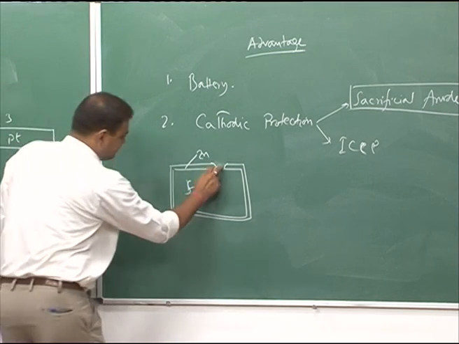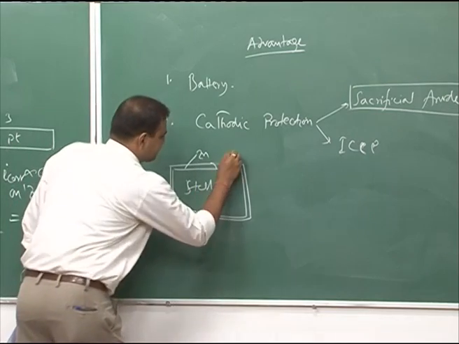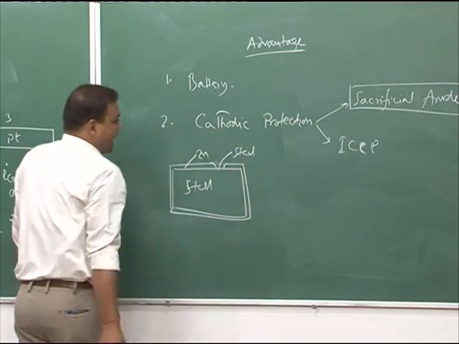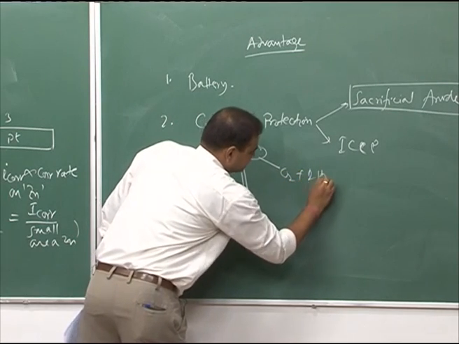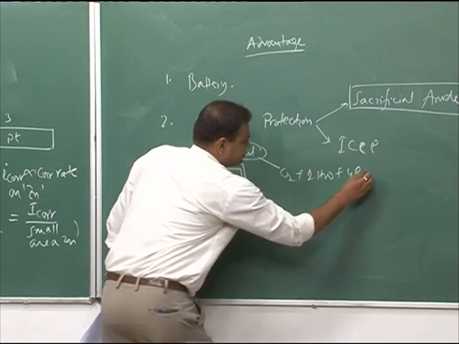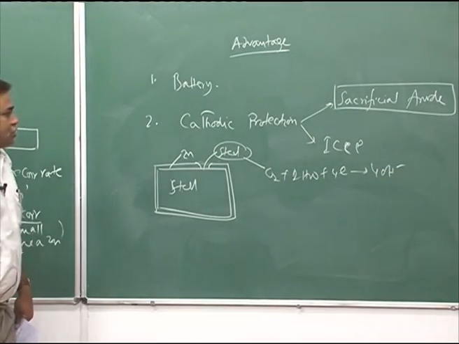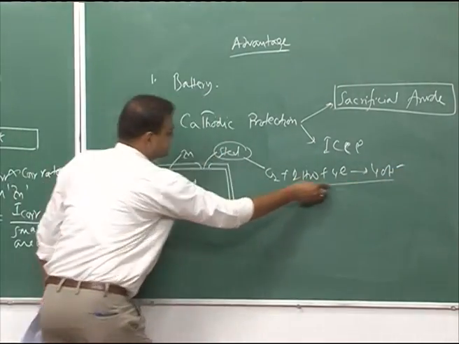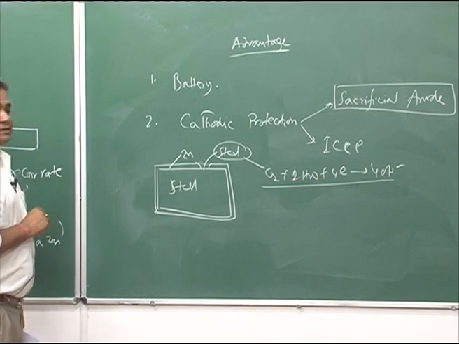If it is entirely covered, no problem, we have a much better way of protection. But if some part is disturbed or broken, then we have steel surface which is exposed, and on the steel surface we have this reaction. We know that if a cathodic reaction happens on a particular metal surface, that part is cathodically protected.